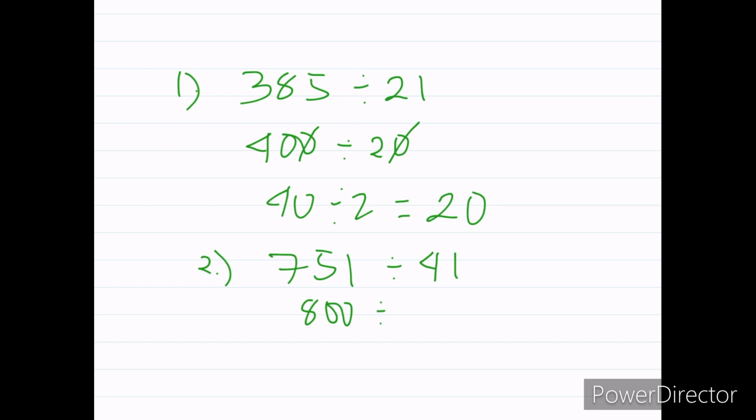Divided by 41. Si 41, pag round off natin siya into nearest tens, it becomes 40. So 800 divided by 40. How many 40 are there in 800? We have 20.